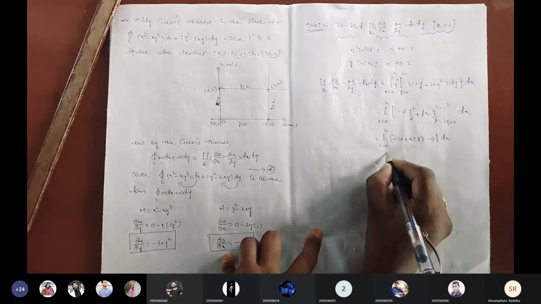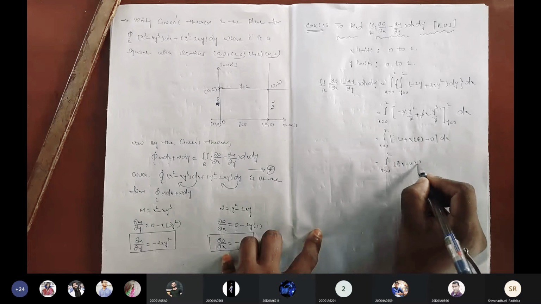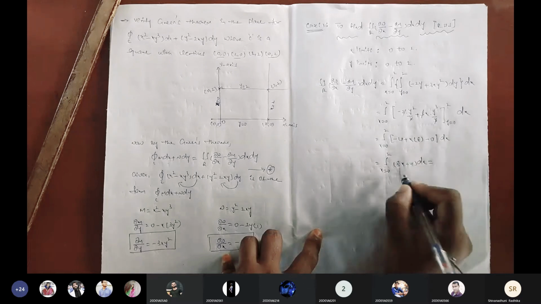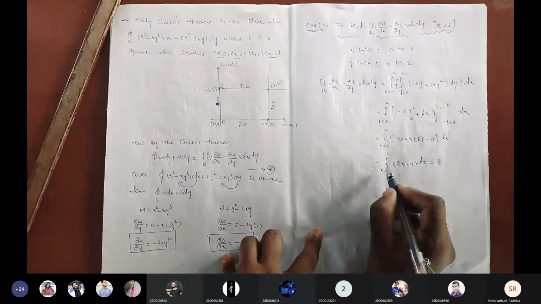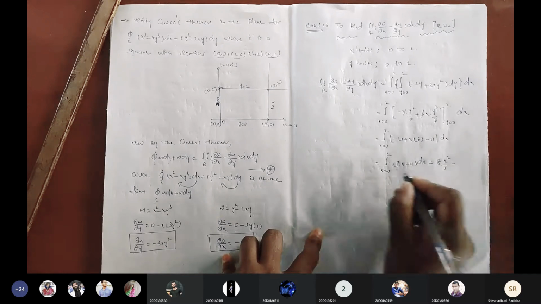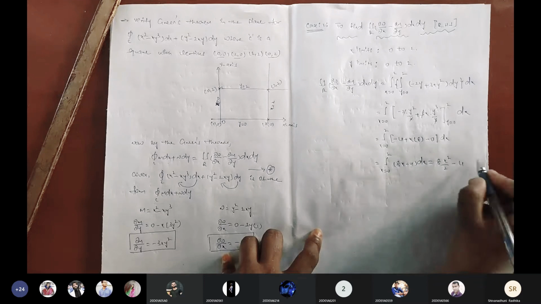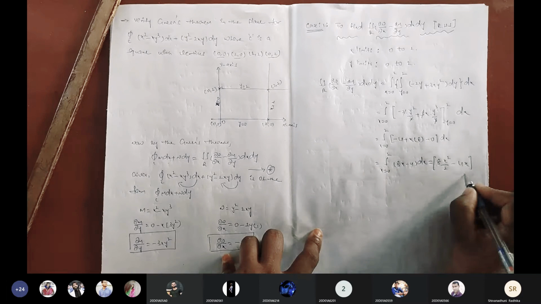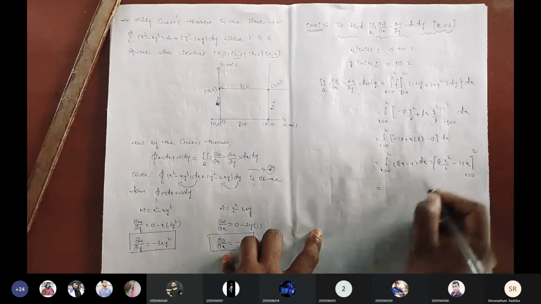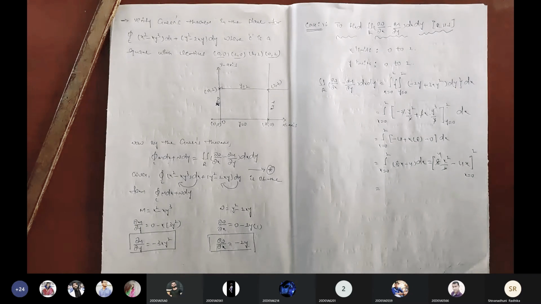Integration x equals 0 to 2, and here 8x minus 4 dx. Right? 8 is a constant, taken outside. Integration of x is x square by 2, minus integration of 4 dx. 4 is a constant. Integration of dx is x. And the limits are x equals 0 to 2.